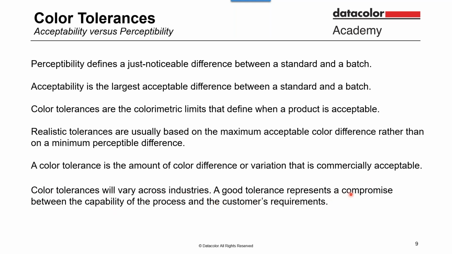A good tolerance represents a compromise between the capability of the process and the customer's requirements. Again, the key term here is a compromise between the process and the requirements. It doesn't pay to create tolerances that are so tight that you can't meet them, or that it really costs a lot. So you have to look at the process and make an analysis of the situation.